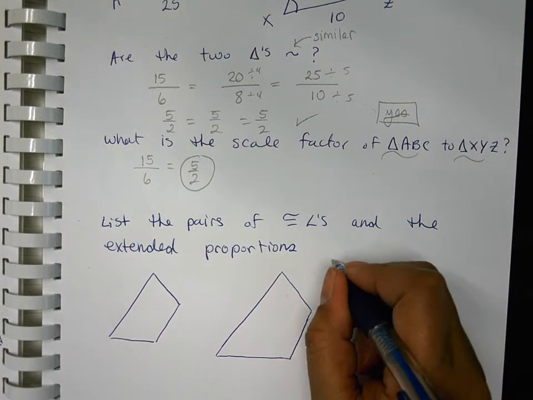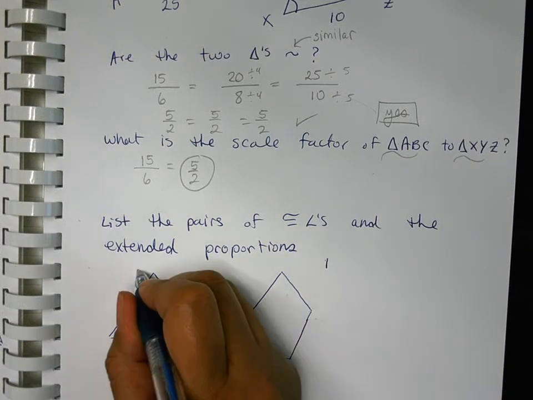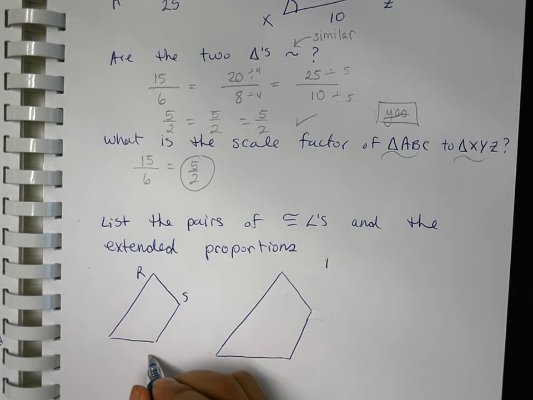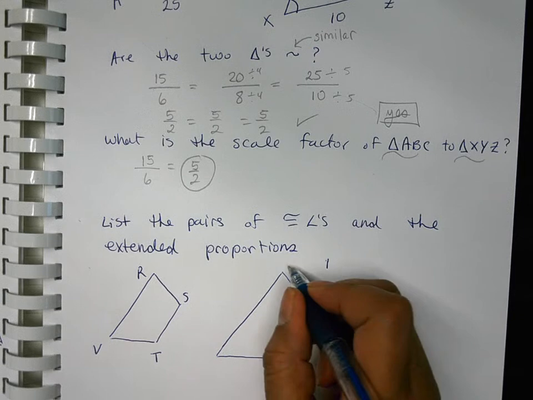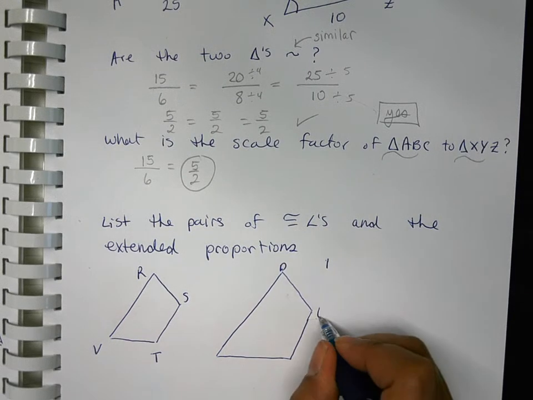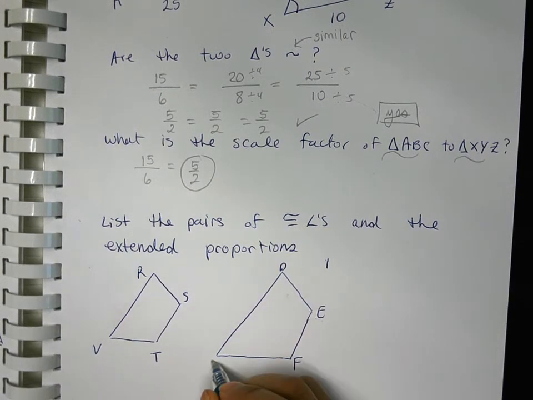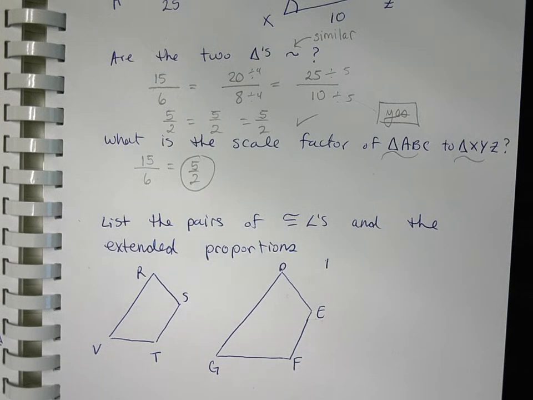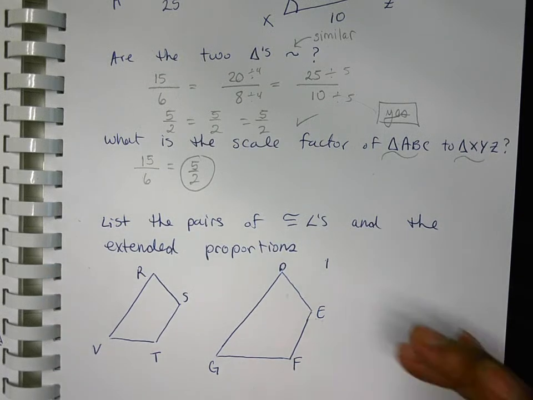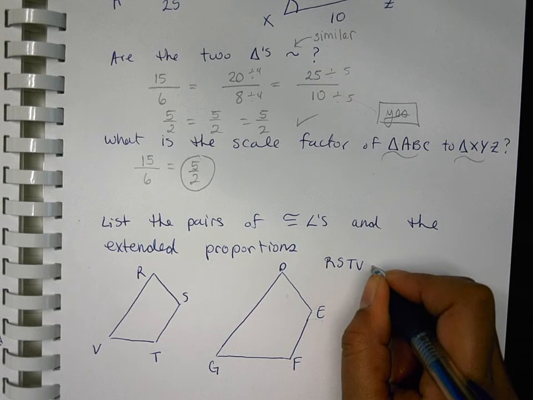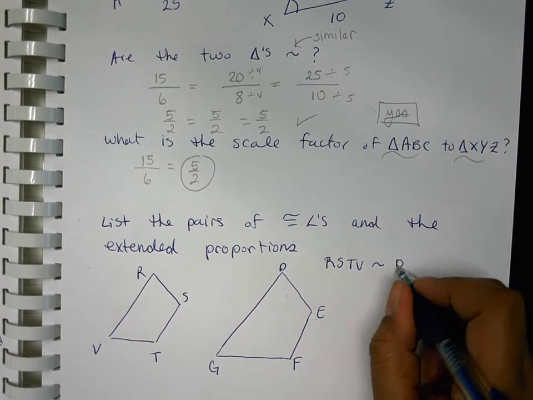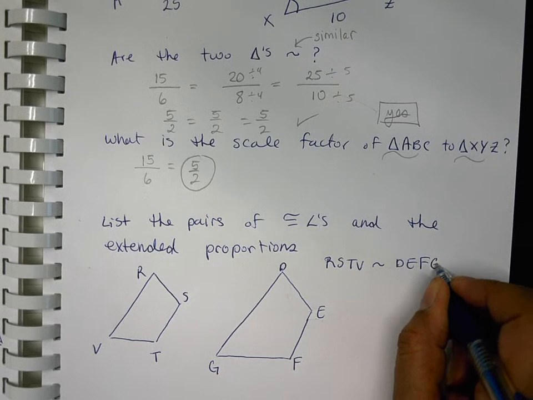I'm going to write here, let's label them R, S, T, V, D, E, F, G. You're going to write here that R, S, T, V is similar to D, E, F, G.